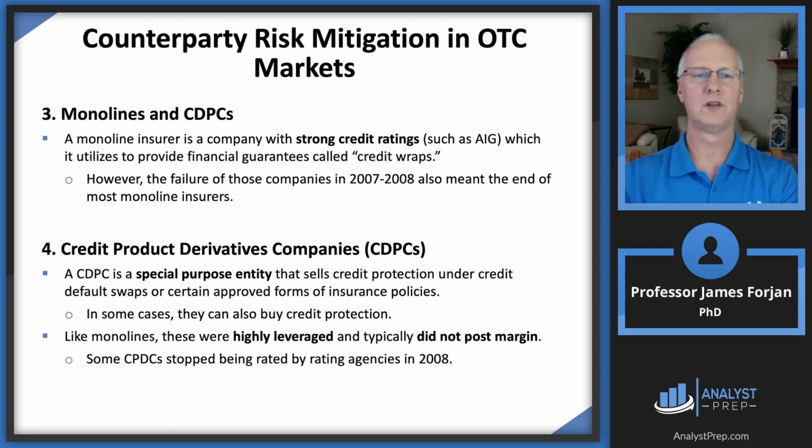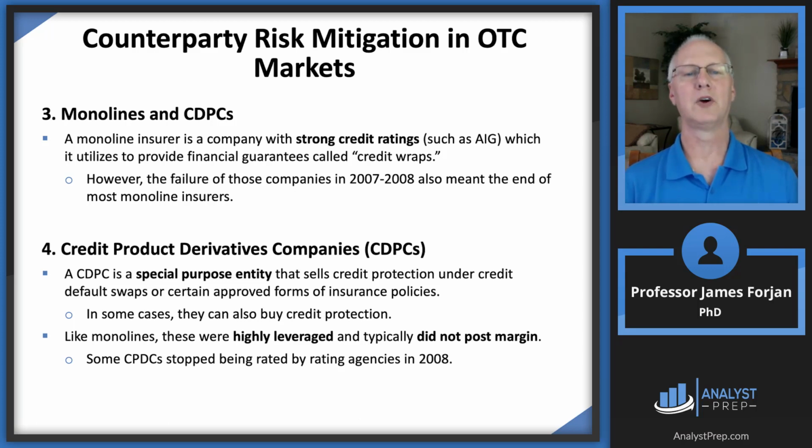So what does the monoline insurance company do? They get payments from the company, the issuer, and they only have to pay out if it ever defaults. That's why they're called a credit wrap. However, lots of these companies failed in 2007, so that's what happened to the monoline insurance.